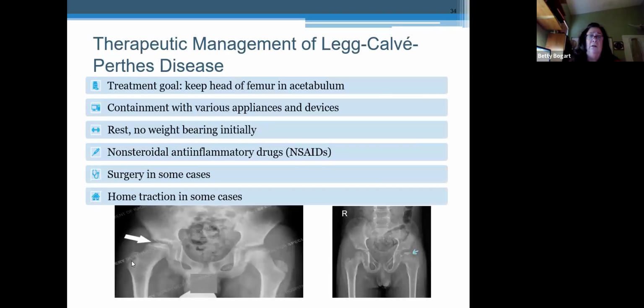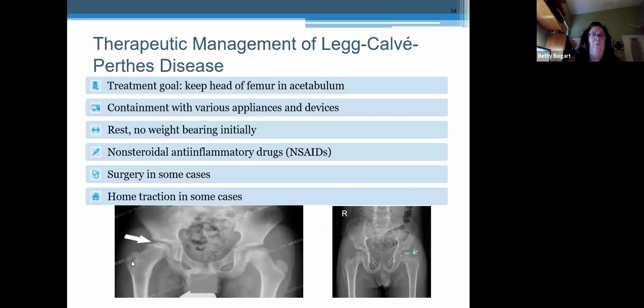So our goal is to protect the head of the femur. So it is bed rest, no weight bearing. This child is going to be put on Buck's traction. It's going to hold that joint out, and it's going to let that hip and that head of that femur rest, okay? And NSAIDs are what we do.